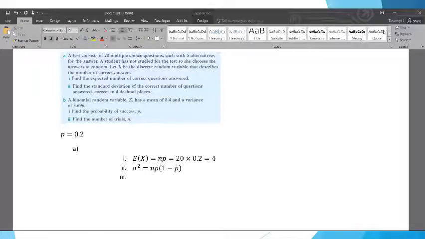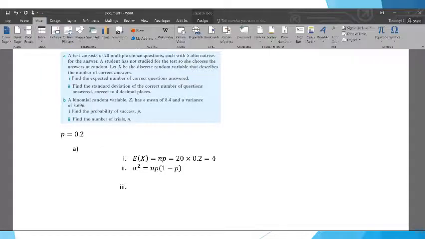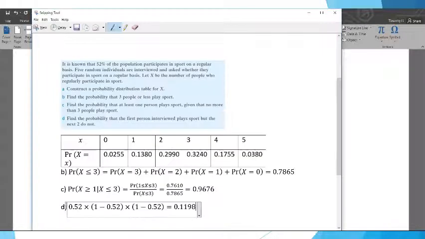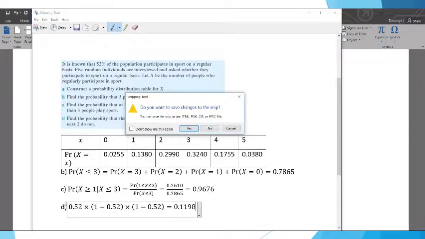So if we want just sigma, that will be the square root of all of that: the square root of np(1 minus p). Then all we need to do is find that.